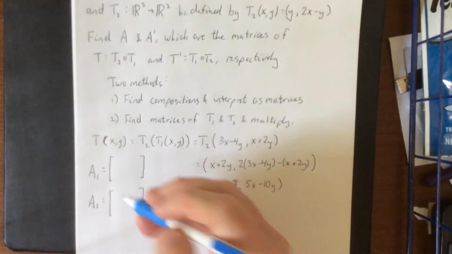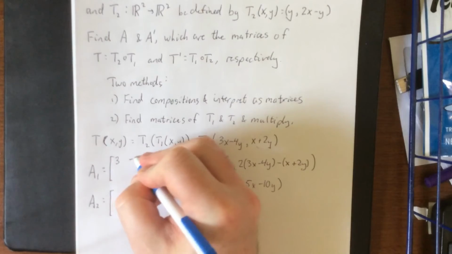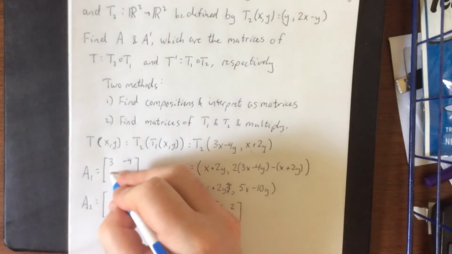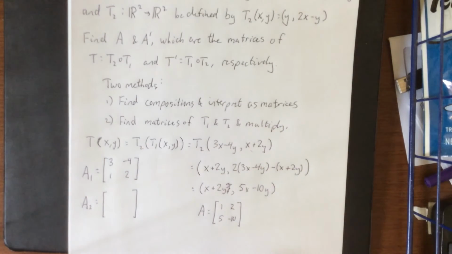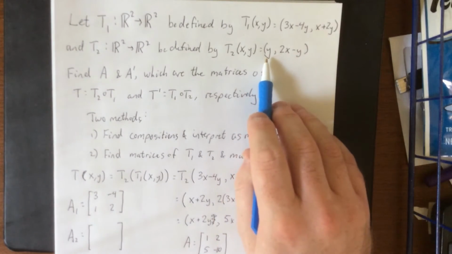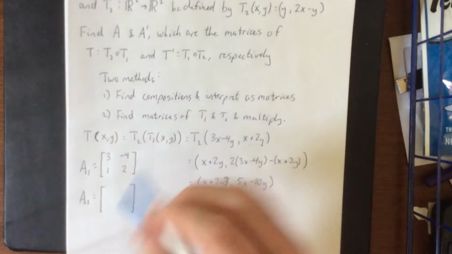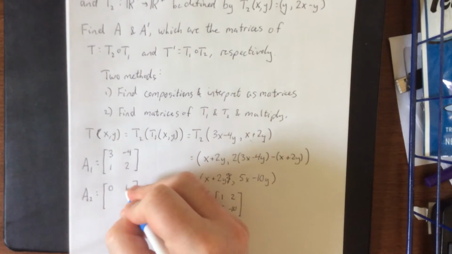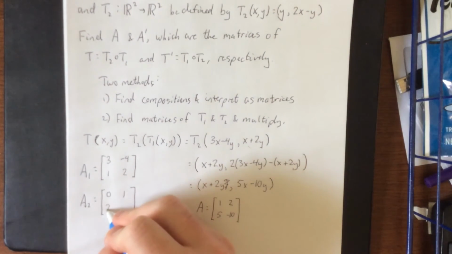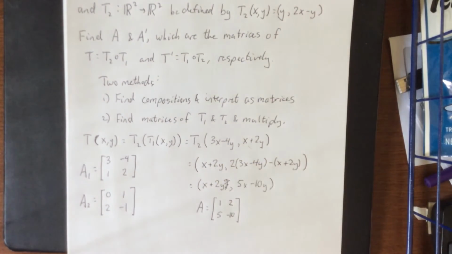That's 3x minus 4y, so that'll be 3, negative 4, and then 1x plus 2y, so that'll be 1 and 2. Then for matrix A2, we can interpret the first component as 0x plus 1y, and then the second component as being 2x minus 1y.